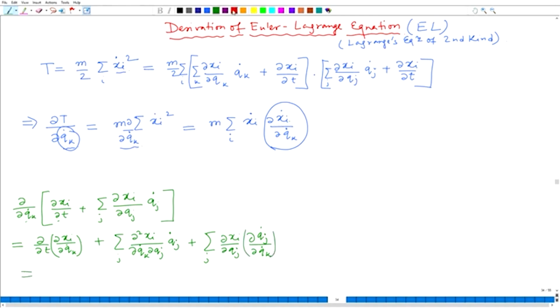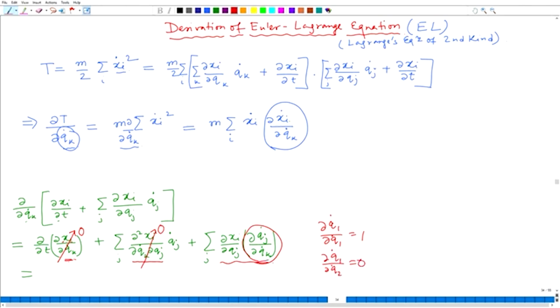The first term goes to 0 because xi depends, from our definition in the previous lecture, on the generalized coordinates and time only, so partial differentiation with respect to a generalized velocity vanishes. For the same reason, you can use the permutation and make that term vanish. The final thing is simple: del q1 dot del q1 dot is 1, and del q1 dot del q2 dot is 0.